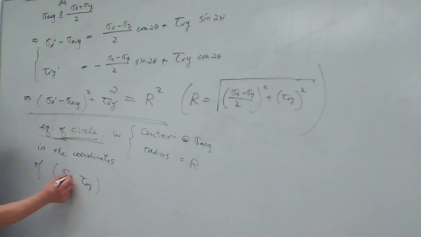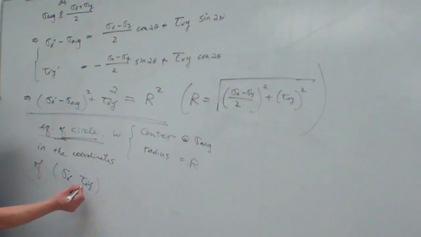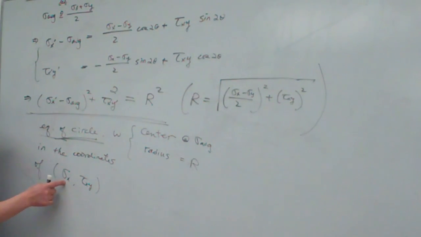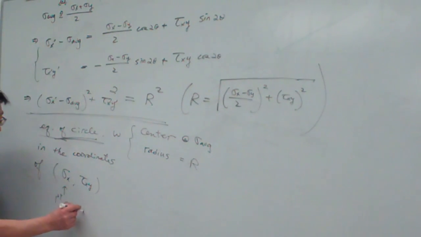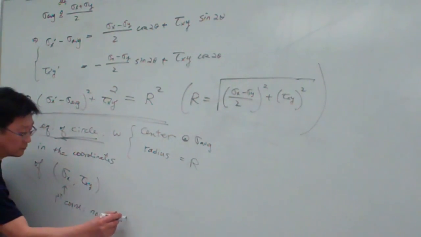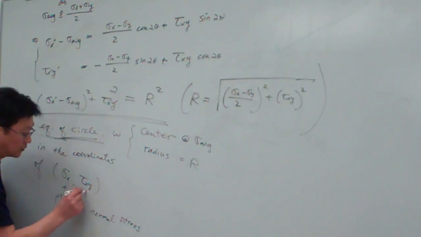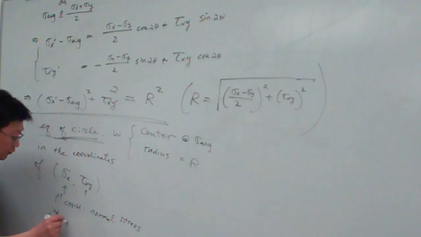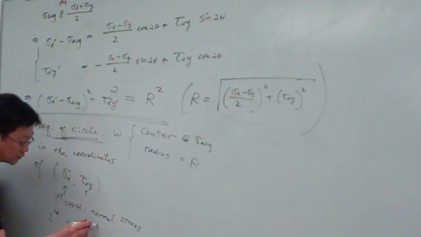Or if you wish, you can put a prime. Anyhow, basically this indicates the Mohr circles are in a special coordinate system. The first coordinate, by common practice, is composed of the normal stress. And then the second coordinate is composed of the shearing stress.